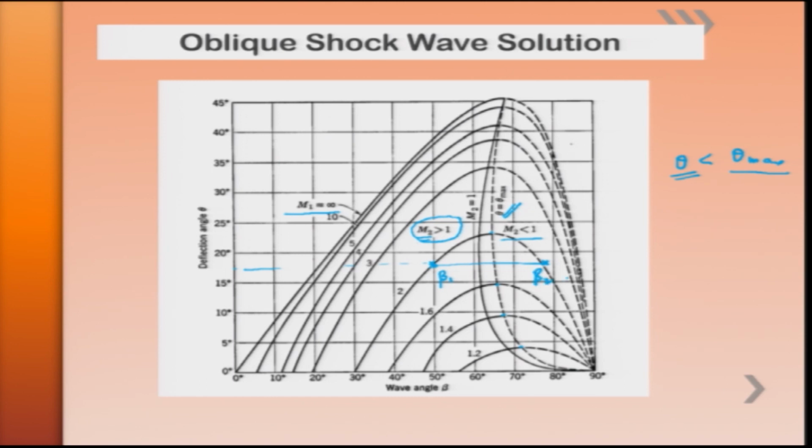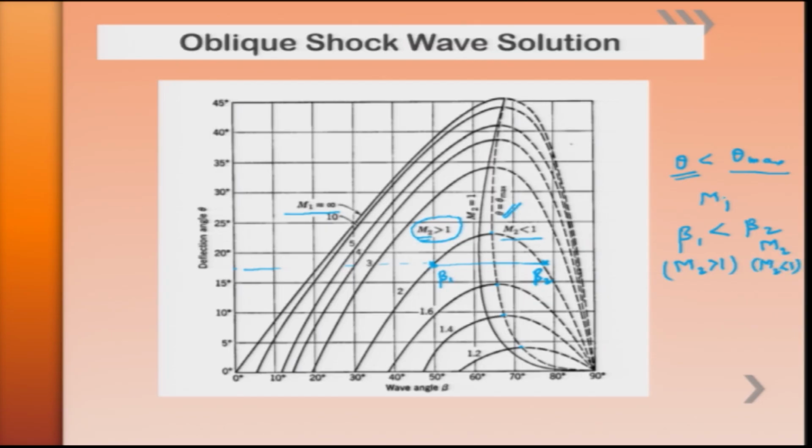So for a given theta less than theta maximum and a given M1, I am obtaining two solutions, beta 1 and beta 2. For beta 1, I am getting the downstream Mach number greater than 1, whereas for beta 2, which is higher than beta 1, I am getting M2 less than 1.